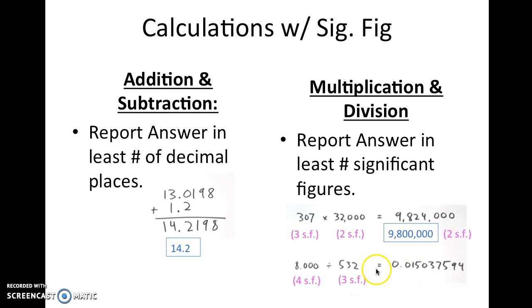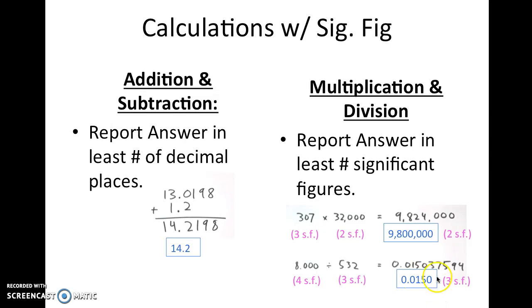Okay, in this last example, we're doing the same thing except it's a division problem. This has a decimal place, in case you didn't notice. So when we're counting from Pacific to Atlantic, there's 1, 2, 3, 4 sig figs here. And in the second value, we have 3 sig figs. So how many significant figures should our answer be in? Has to be the least amount, that's right. And again, it just so happens that's the second number. But it's 3 sig figs.